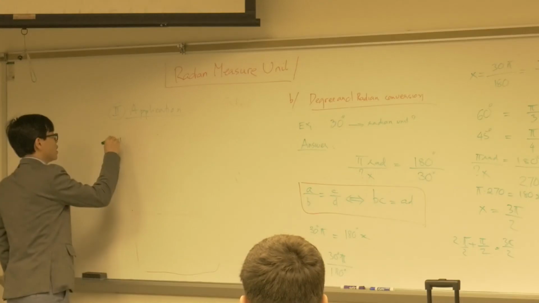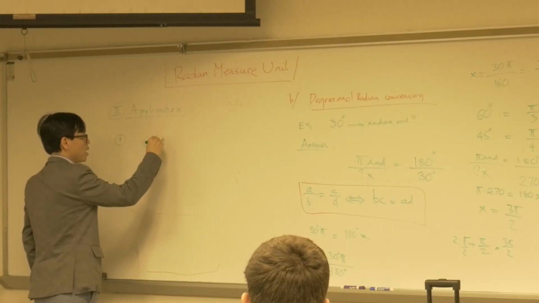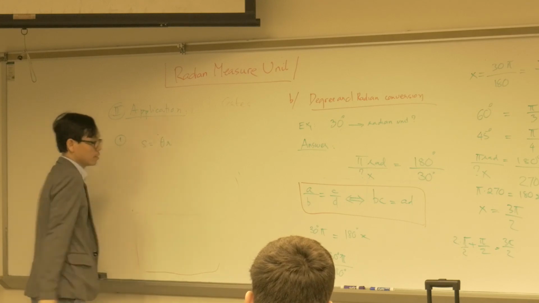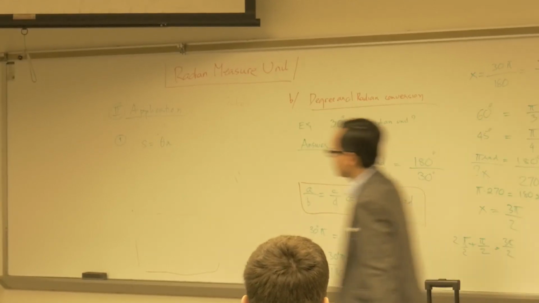The first formula is S equal to theta times R. S represents the arc length.